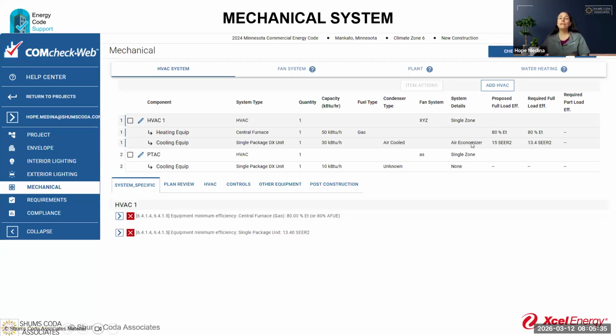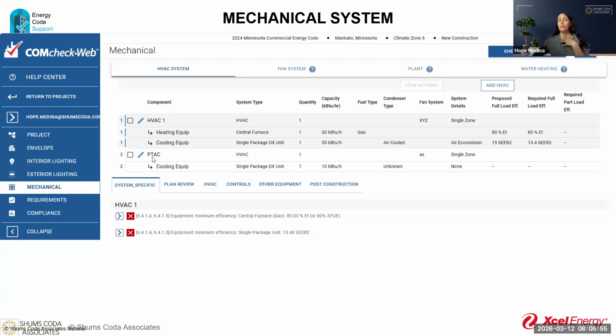For cooling, it also has an air economizer. You can say you're having an economizer, either an air economizer or a water side economizer. It's really dependent on what you're proposing and the efficiencies for that equipment.